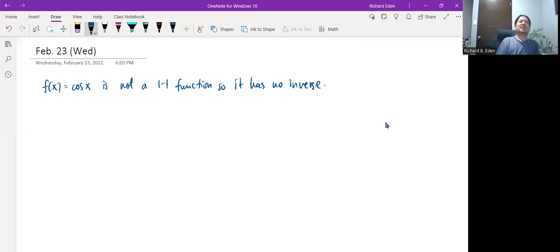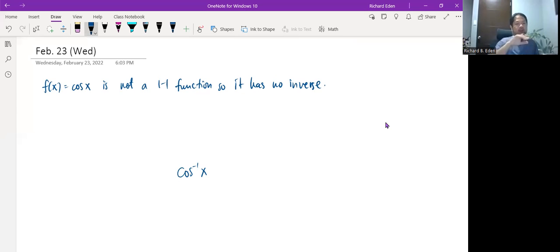I wouldn't say it's misleading. It's the most practical notation. But what we need to consider is a particular point of view that when we write cosine inverse of x, it's a particular version of the cosine function which has an inverse.